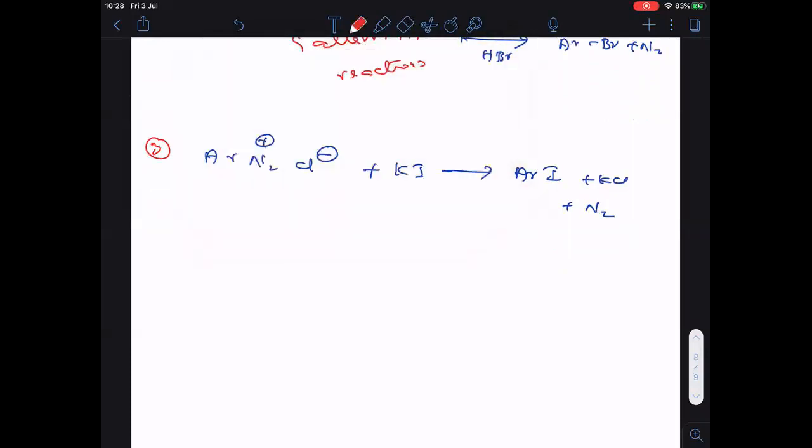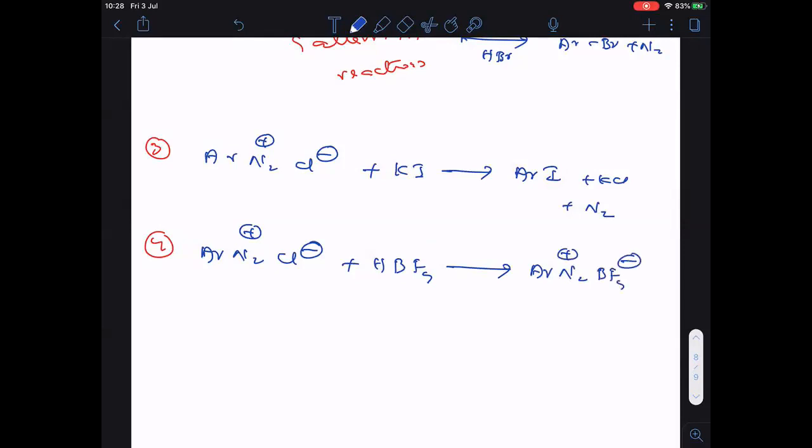Followed. Then next chemical property. Now next one, benzene diazonium chloride when treated with fluoroboric acid, then here we will get one intermediate, ArN2+ BF4−.